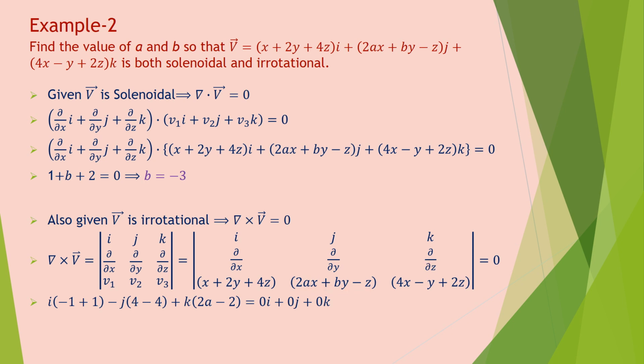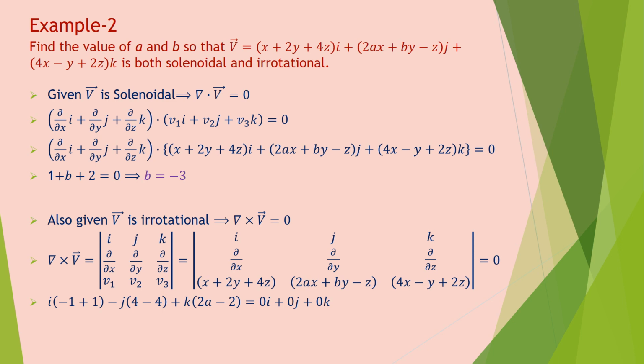So minus 1 minus minus 1, which is minus 1 plus 1, which will be 0. Again, minus j into ∂/∂x of 4x minus y plus 2z. The derivative of 4x is 4, the rest is 0, minus ∂/∂z of x plus 2y plus 4z. The derivative of this is 4, since here only z is variable, all others we are treating as constant since we are differentiating partially with respect to z.